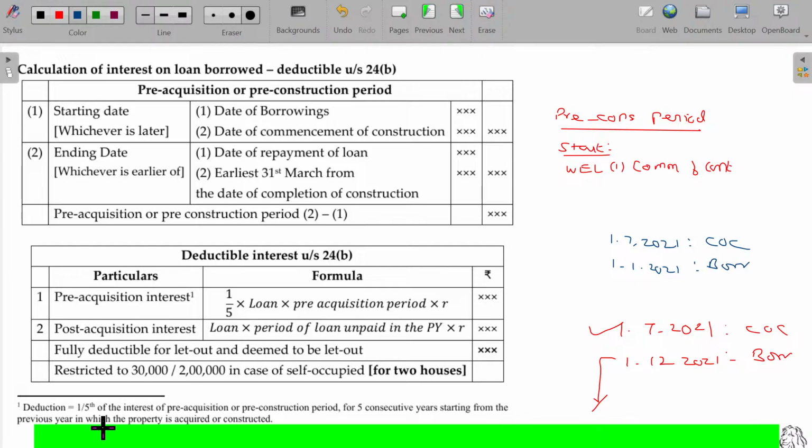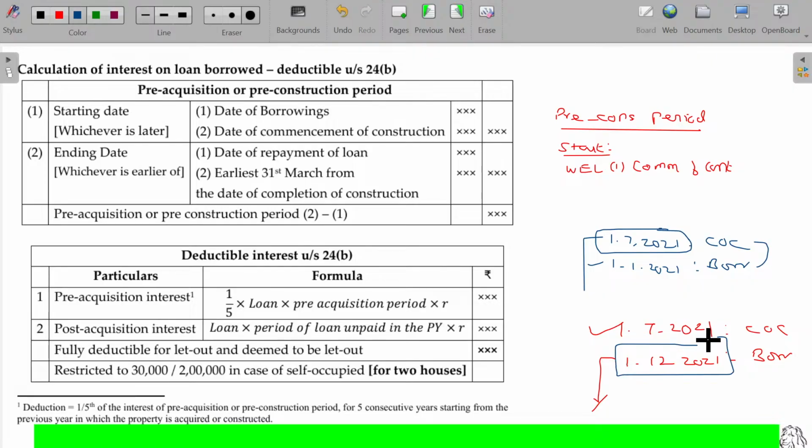So in this case, what is the starting date? Though you started paying the interest from 1/1/2021, construction had not started. So from this date to this date, you are keeping the money idle. It's your fault. So we'll start calculating the pre-construction period only from 1/7/21. Between these two, whichever is later, 1/7/21; in the earlier case, 1/12/21 will be the starting time.